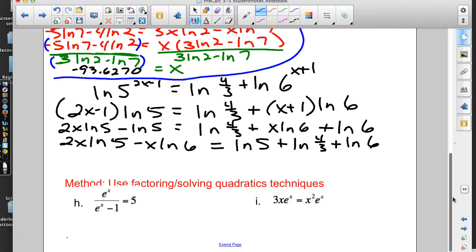Now what? Get an X out of there. Close. And then just divide the 2 on.